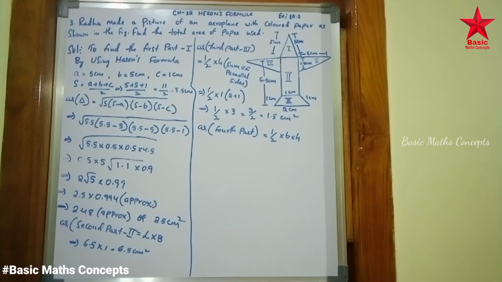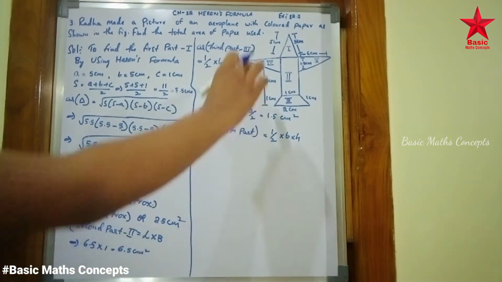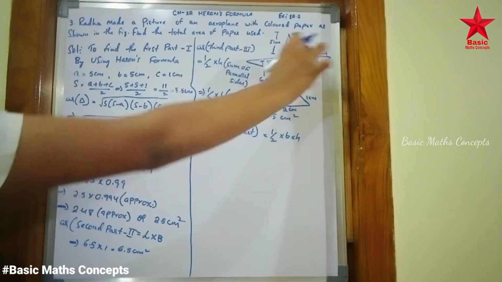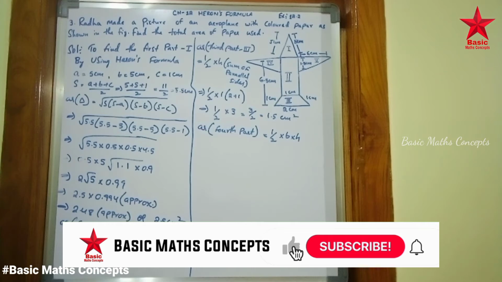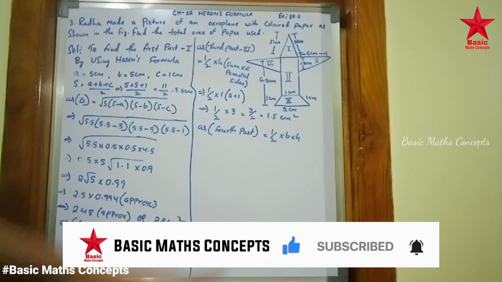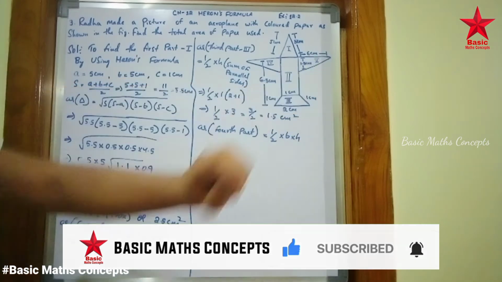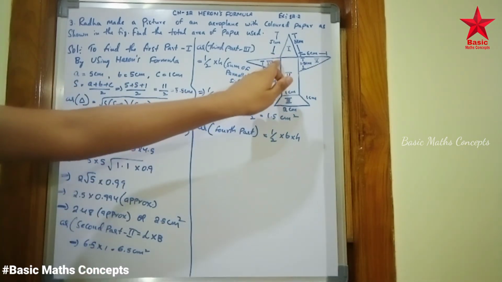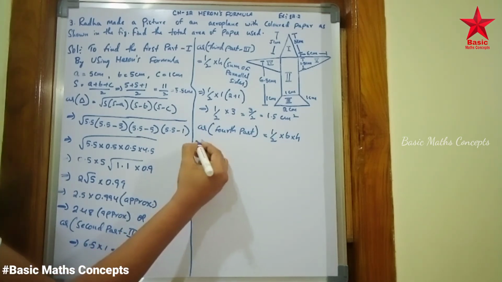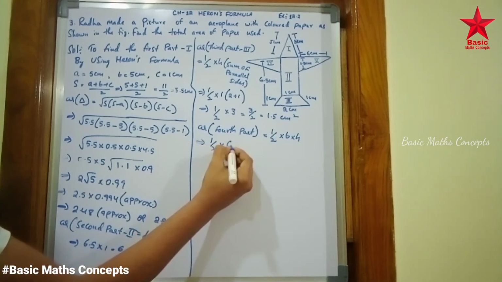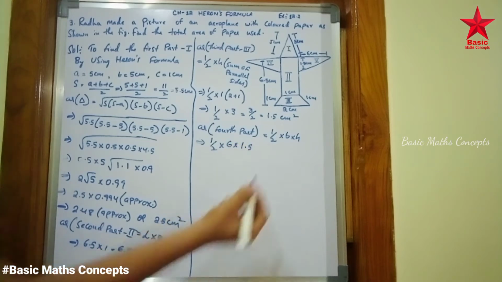Actually the sides will be straight, so we have to think that this is also 6 centimeters. The height is 1.5 centimeters, because this will be the same. So this implies half into 6 into 1.5.